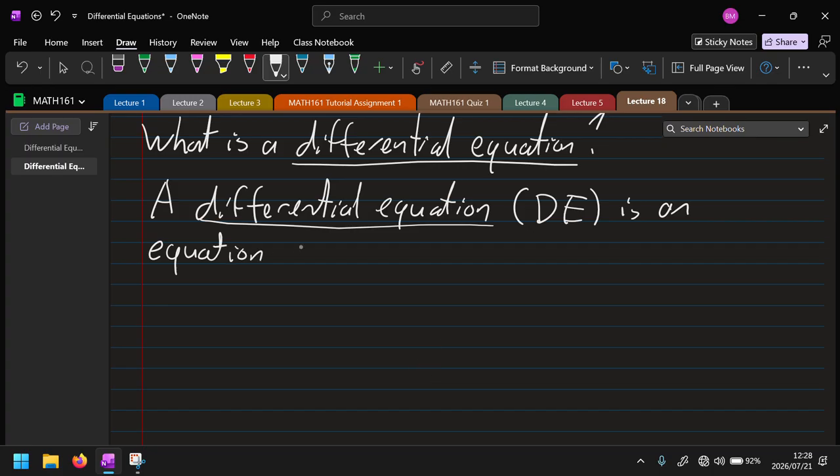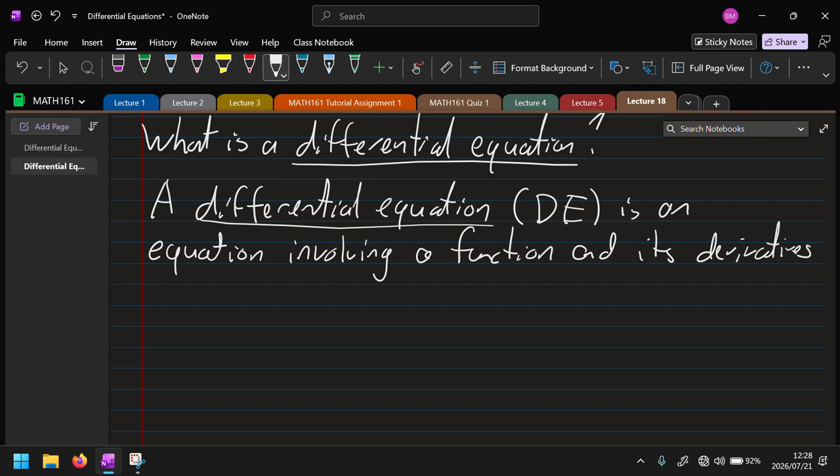A differential equation, or a DE, is an equation involving a function and its derivatives. So whenever you have some sort of equation that involves a function, whatever it might be, for the electrical engineers it will be like the voltage or the current or something like that, and its derivatives.